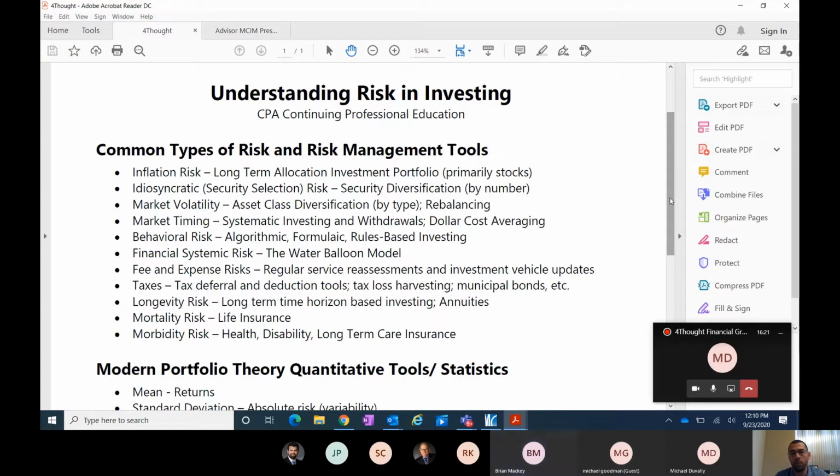And now, more recently, this has become a renewed concern after COVID, right? Although the headline inflation numbers or the consumer price index numbers have not increased substantially, the inflation risk on certain types of goods and services has gone up pretty dramatically.